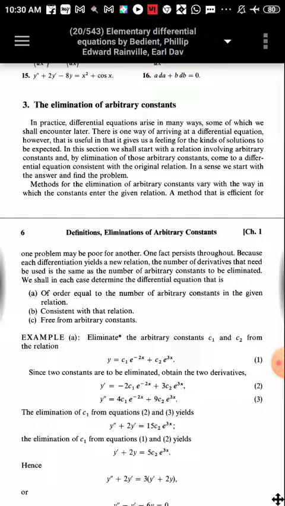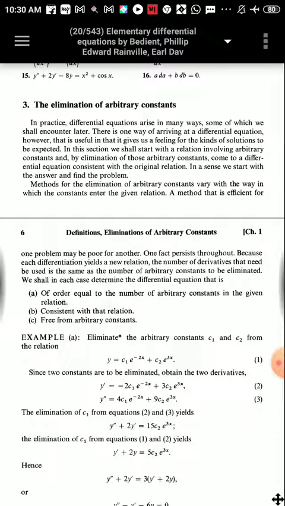Methods for elimination of arbitrary constants vary with the way in which the constants enter the given relation. A method that is efficient for one problem may be poor for another.